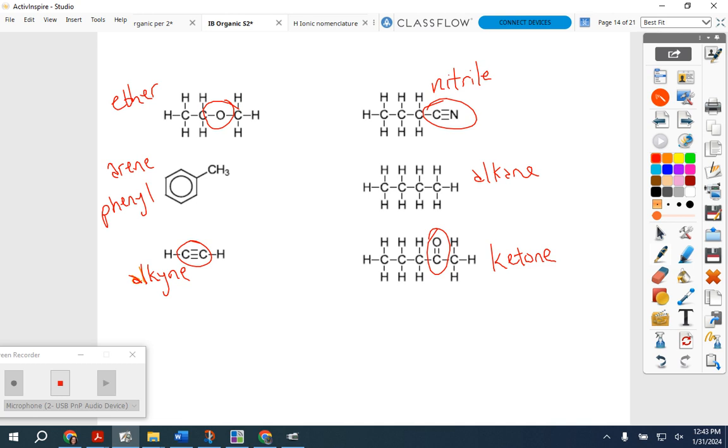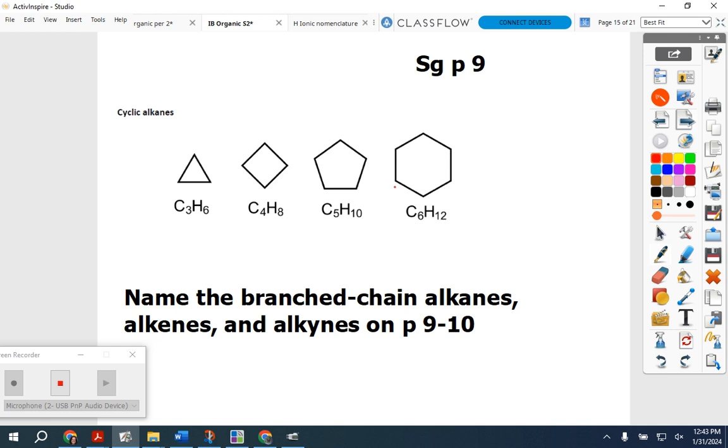Good practice. What I want to do next is talk a little bit about naming these. So go ahead and turn to page 9. At the top is just the stem names that we've already covered. I did want to touch on this idea of cyclic structures.